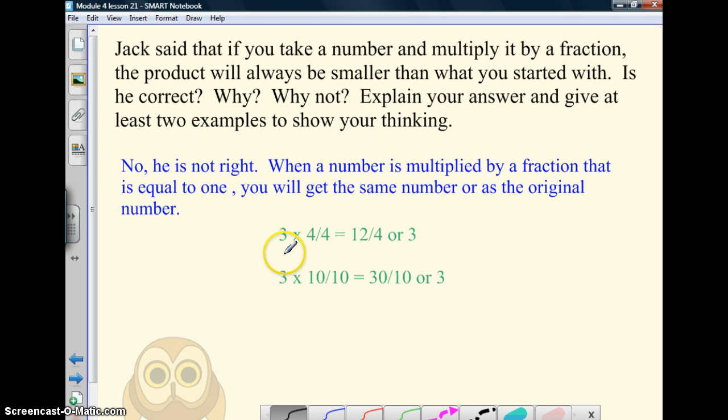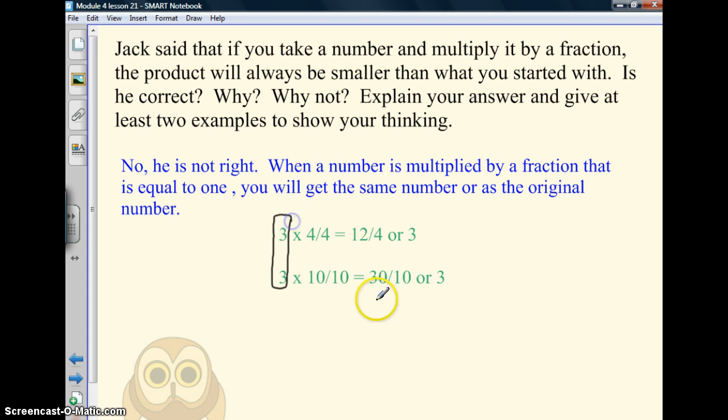My number's 3, okay? That's not changing. 3 is in each of these algorithms. Okay, so I multiply 3 by 4/4, which is equal to 1, which then becomes 12/4, and then I change that improper fraction to the whole number 3. Again, here I have 3. I multiply it by 10 tenths, which is equal to 1.